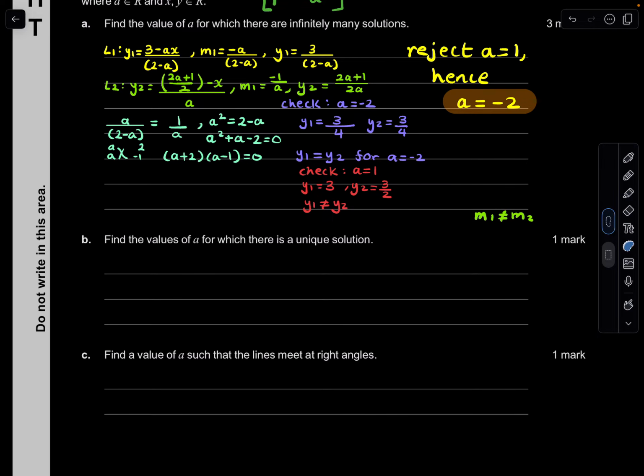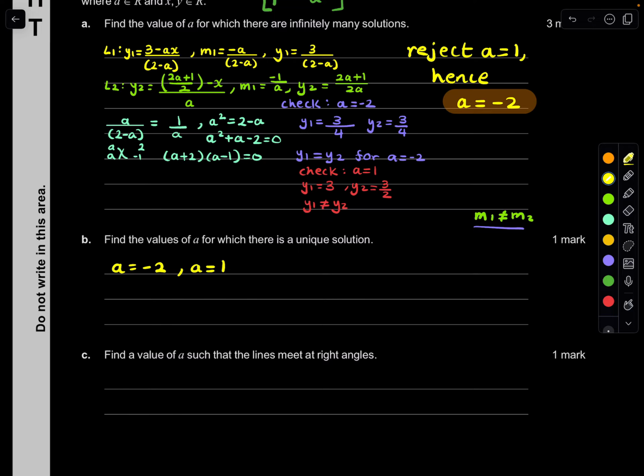Now, that's quite easy. Because didn't we know that when the gradients are equal, the values of A for which the gradients are equal are A equals, we just calculated, which was -2, and A equals 1. Wasn't that true? So if our A values are -2 and 1, the gradients are equal, and then there's no unique solution. So basically for unique solutions, it's all values, infinite values, except these two values here.